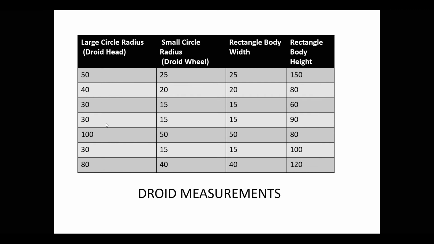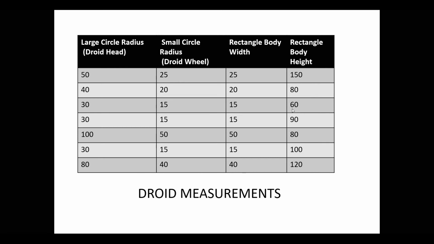And in fact, one droid with a radius head of 30 has a body height of 60, while a similar droid with the same size of a radius of the head has a height of 90. Therefore, there is no relationship between the radius of the head and the height of the body. The width is 1/2, similar to the wheel, but the height is not related to the head's radius.